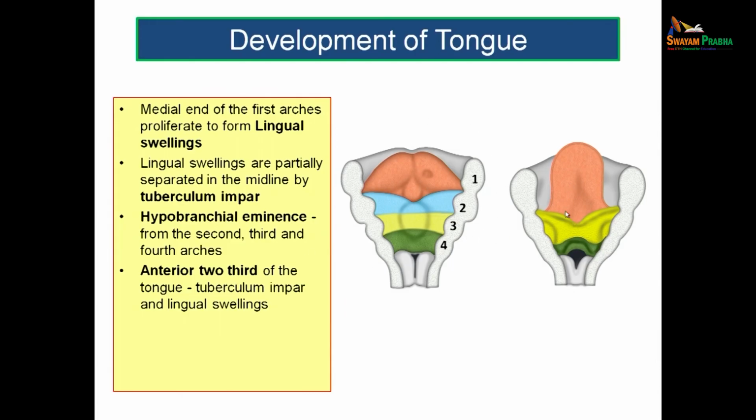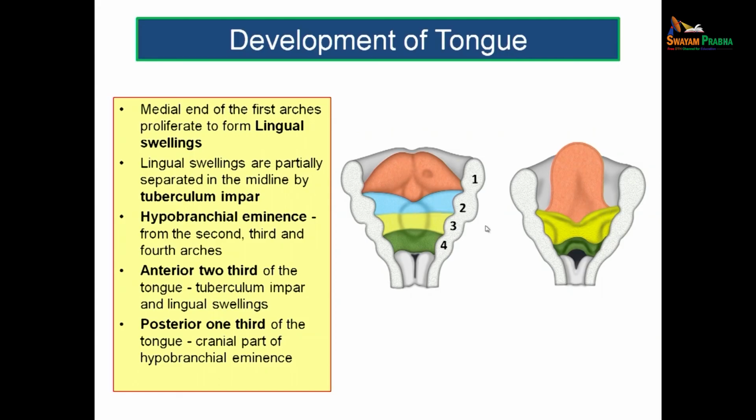The anterior two-third of the tongue, this is slightly orange in color, is formed from the two lingual swellings and the tuberculum impar. Just concentrate on the colors. Now, what about the posterior one-third? This is considered as the posterior one-third. The posterior one-third is formed from the cranial part of the hypobranchial eminence, but you are not able to make out the blue colored part here.